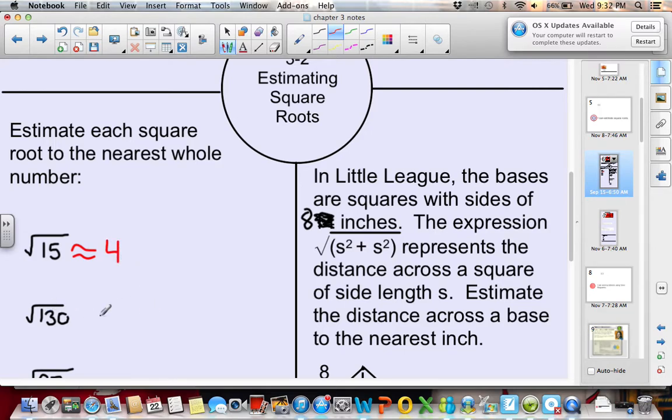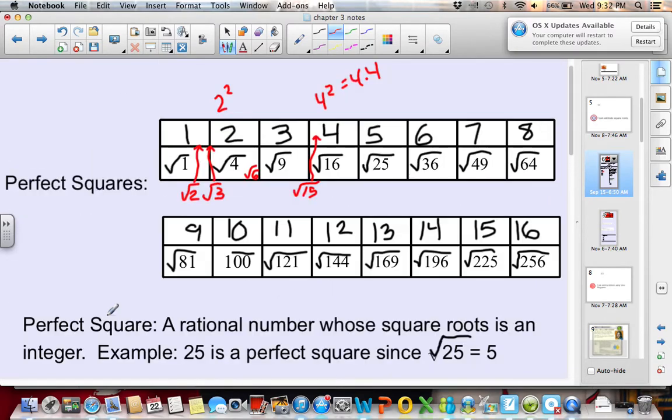What about the square root of 130? Well, we look at our square roots, and I see 130 is between 121 and 144. So I know that it's going to be in between 11 and 12.